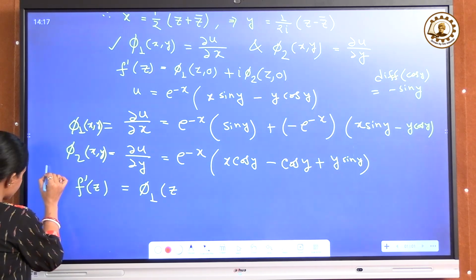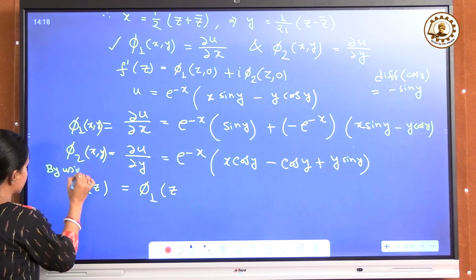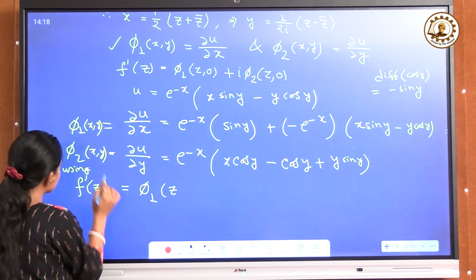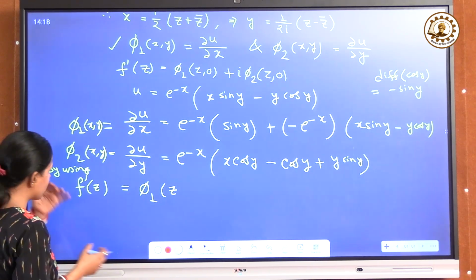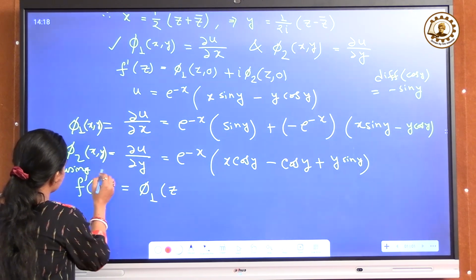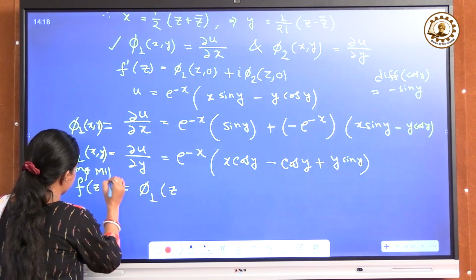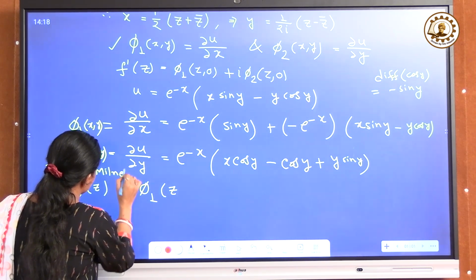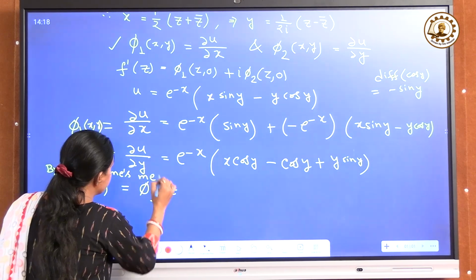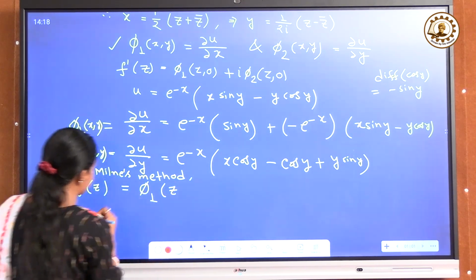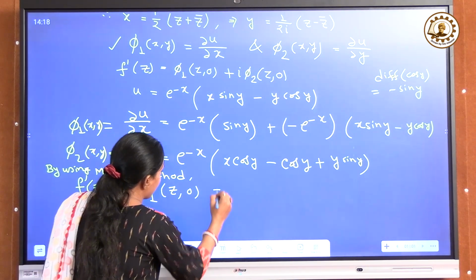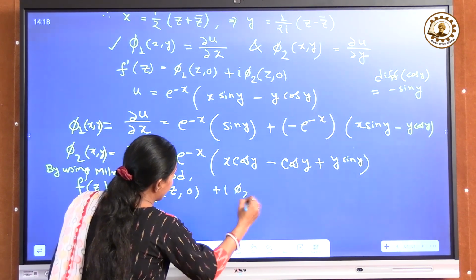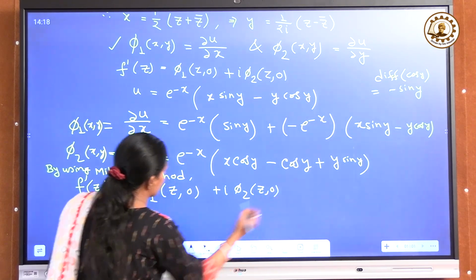At first we write by using the Milne-Thomson method, because in our question the method is mentioned: apply the Milne-Thomson method. Now f dash z equals phi 1 of z, 0 plus i times phi 2 of z, 0.